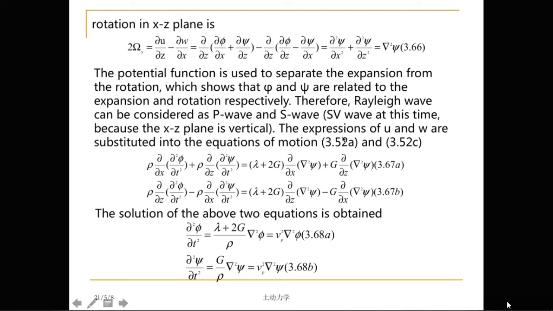The expressions of u and w are substituted into the equations of motion.